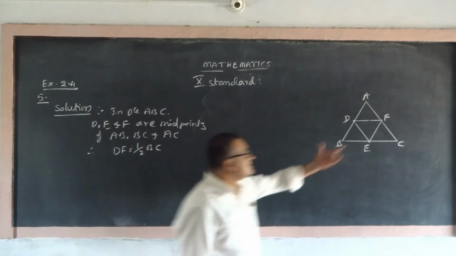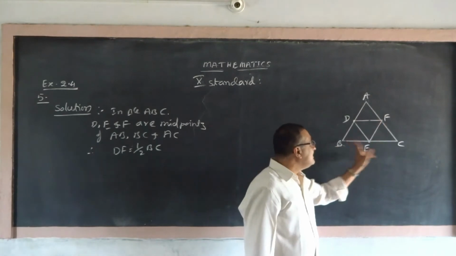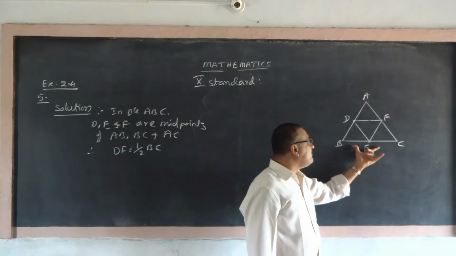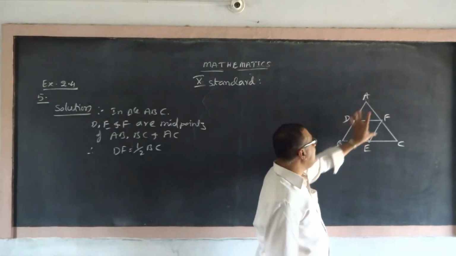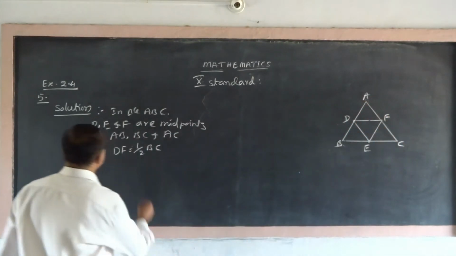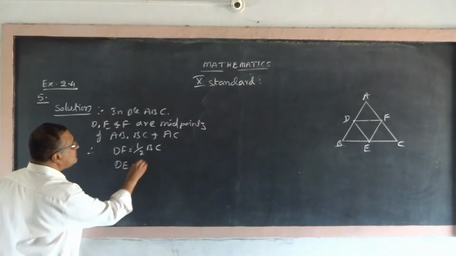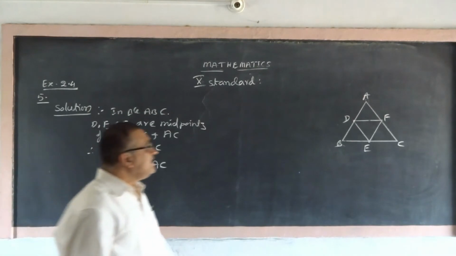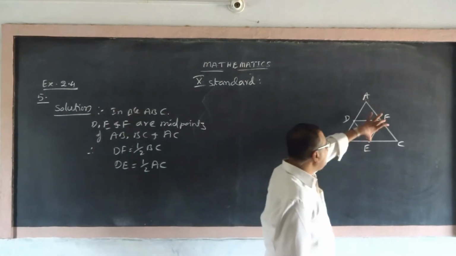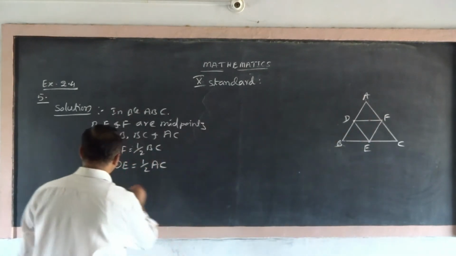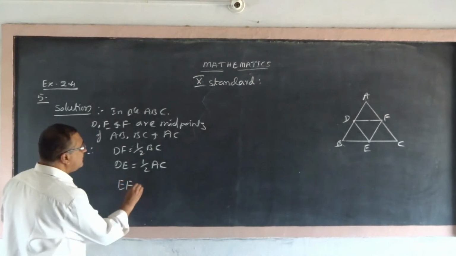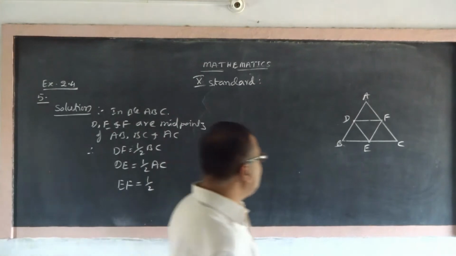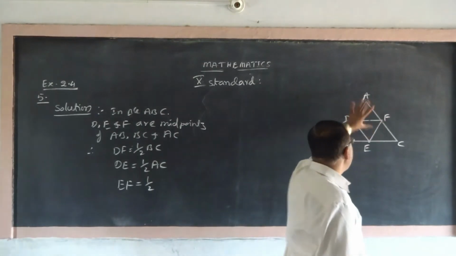What is the relation between DF and BC? DF is half of BC. Similarly, DE is equal to half of AC, and EF is equal to half of AB.